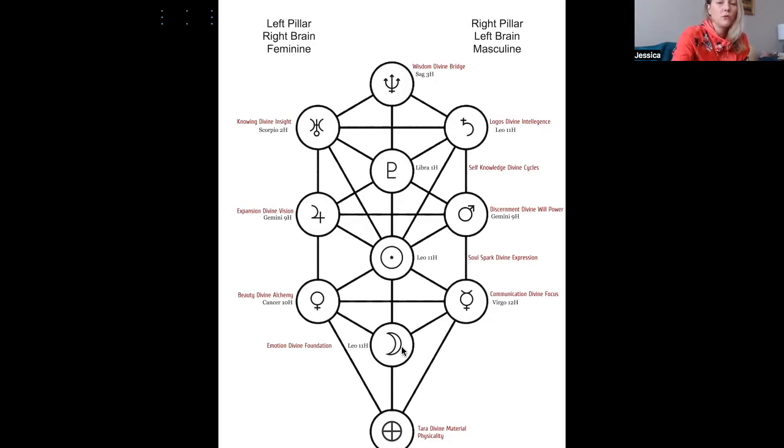And then we go down to the moon, which is kind of a controversial sphere. I'm sure many of you have heard it's seen by many people as an artificial construct, but for the purpose of doing this work, we're looking at the moon not only as our emotions. I described it as emotions, divine foundation. It's also where our mind is, what created the foundation.